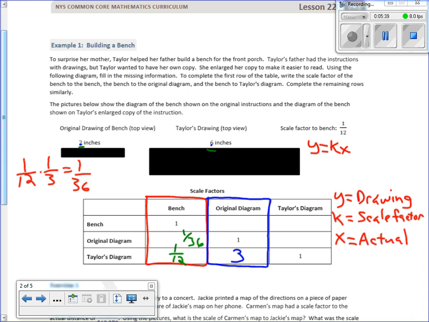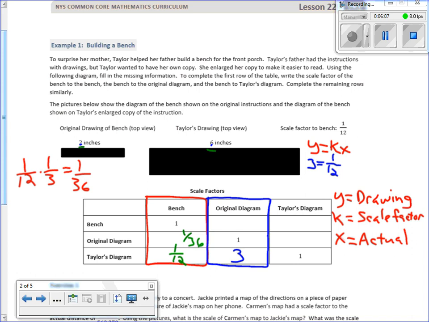So we need to set this up and find the original diagram. For the original diagram, what's the size of the bench going to be? All right. Scale factor to bench is 1/12. Okay. Y is 3 in this case.